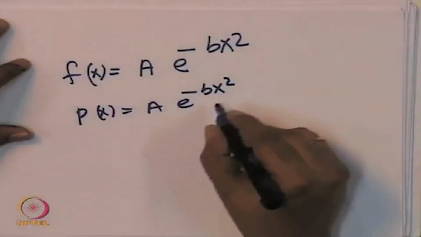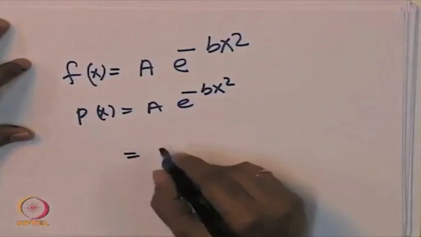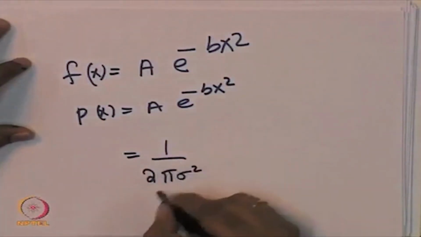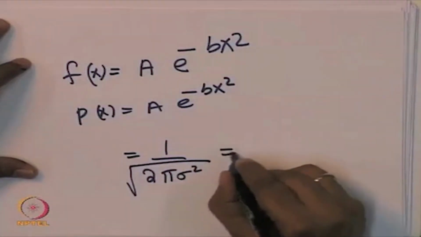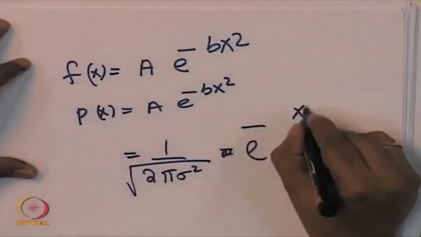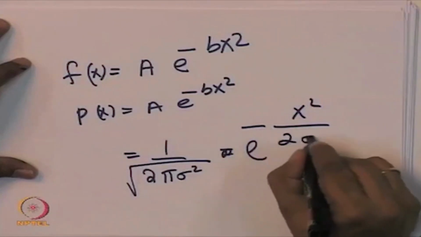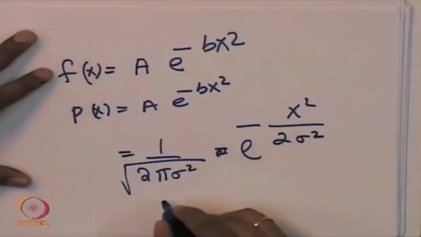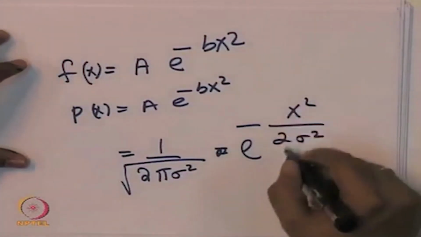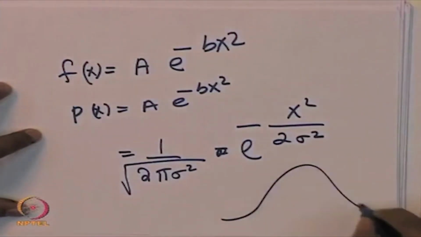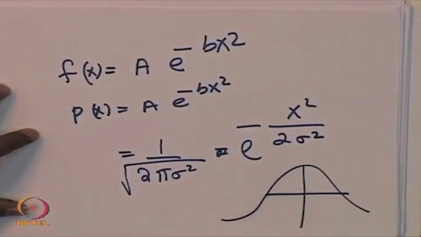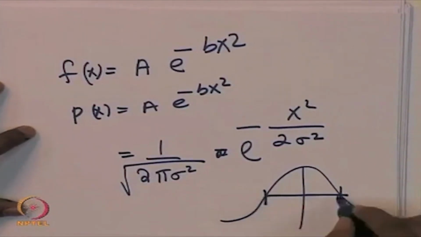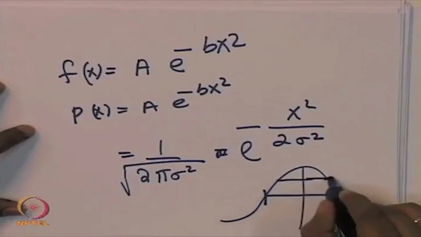Now, this we know is nothing but 1 by root of 2 pi sigma square into e power minus x square by 2 sigma square. What we want is, just by looking at the width, by measuring this distance, to get the sigma. But where will you measure the distance? That is our question. Will we measure it here or here?